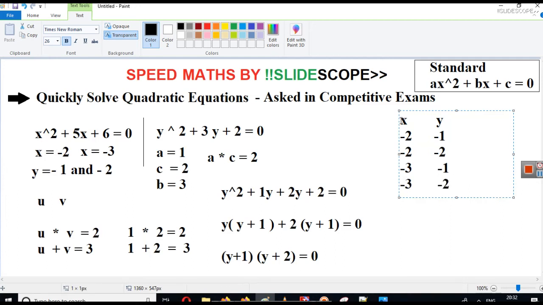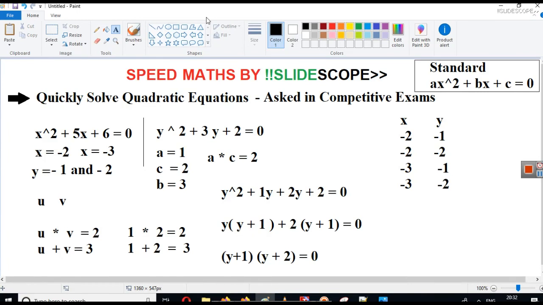Now you can see here, I will explain it once more. The table that you are seeing here, in this table, we have simply written the same thing. First I have written the first value of x and then I have written the second value of x.